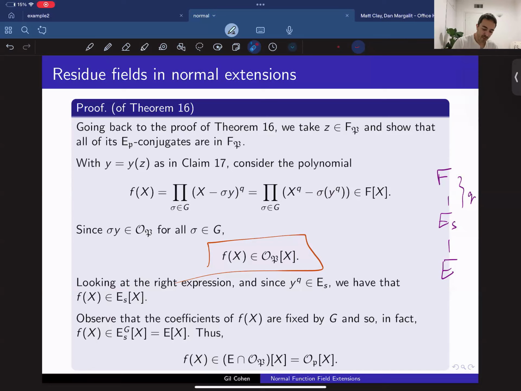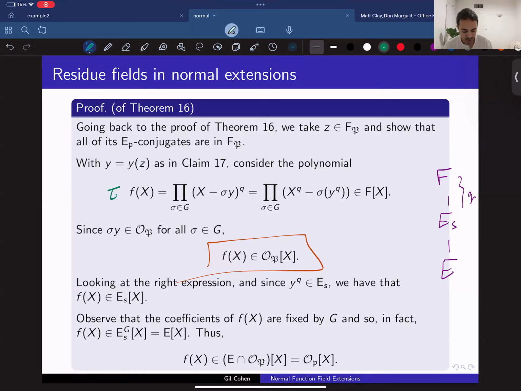Because now observe that if you apply any tau in G to f, like to the coefficients of f, when you apply tau, you mean an action. If you have an action on some field and you look at the polynomial ring over that field, then the action extends to the polynomial ring by just acting on the coefficients of the polynomial. Right?